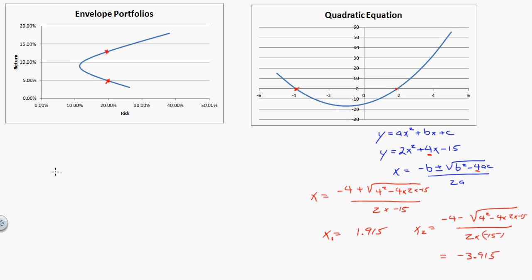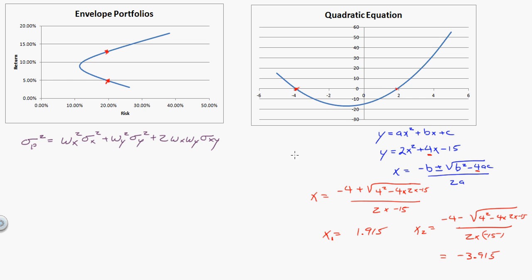Well, let me change colors here. I know that the variance of a portfolio is equal to the weight in x squared times the variance of x plus the weight in y squared times the variance of y plus 2 times the weight of x, weight of y, sigma xy.